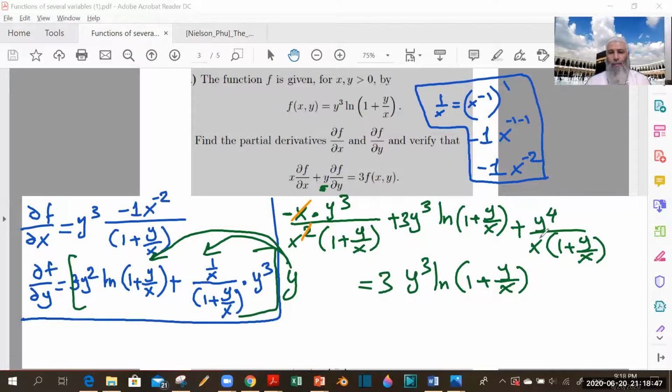I think there is something here at the top. Let's revise this df/dx.